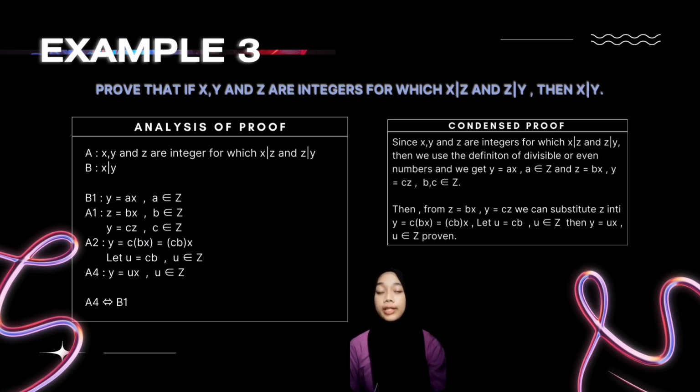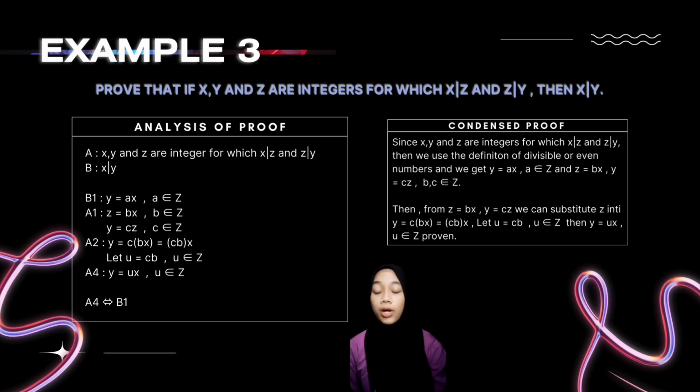For the analysis of proof, first we label A as x, y, and z are integers for which x divides z and z divides y, and B is labeled as x divides y. For B1, we're going to use the definition of divisible. So it's going to be y equals ax, where a is an element of the integers.